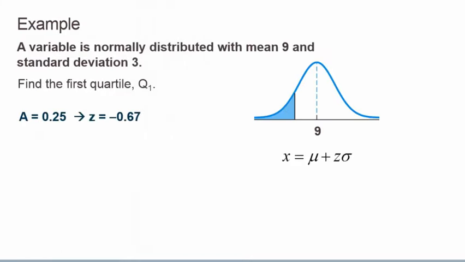Our z-score is negative 0.67. Substituting into our formula, we have x equals 9 plus negative 0.67 times 3, which gives us 6.99, which is the maximum value for x for the first quartile.